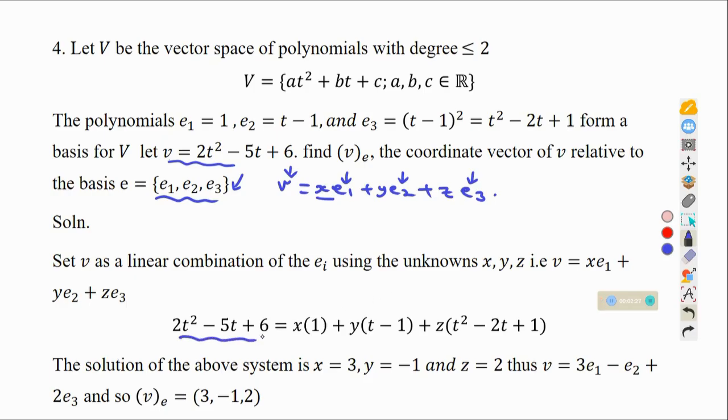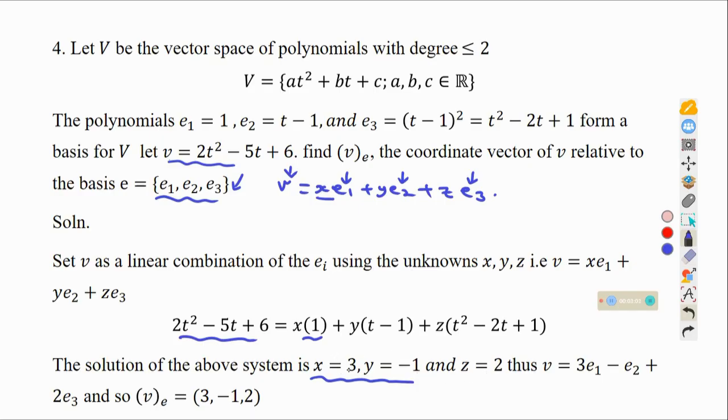So having equated V to x e1 plus y e2, which is t minus 1, plus z e3, which is t squared minus 2t plus 1, try to simplify this expression, equate the corresponding terms for t squared, for t, and the constant term. Then you should be able to verify whether you will be able to get your scalars or your constant values for x, y, and z to be 3, -1, and 2.